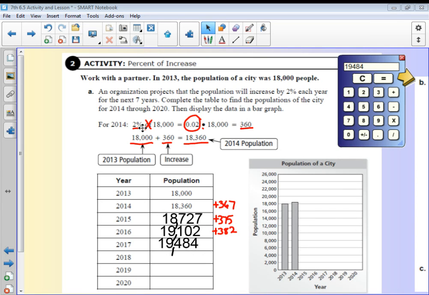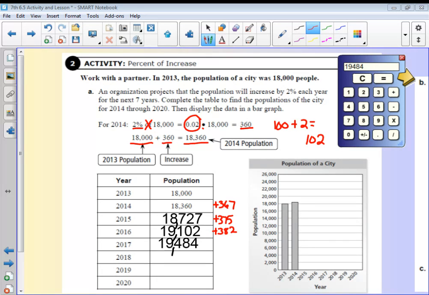Something else you can do, and we'll try this on the last couple, is you can go through and know we're going to have the original 100% plus a 2% increase. That gives us 102%.